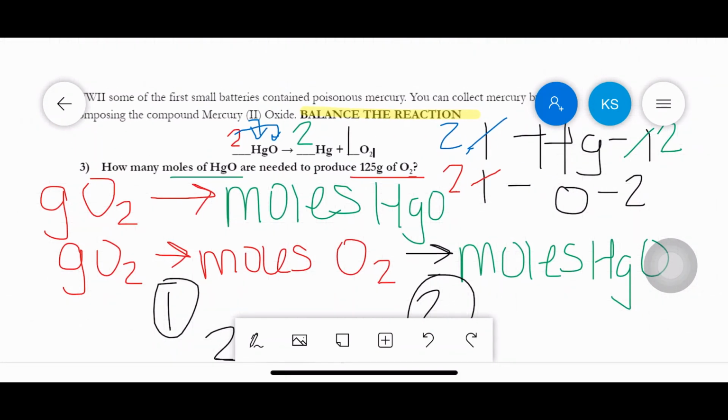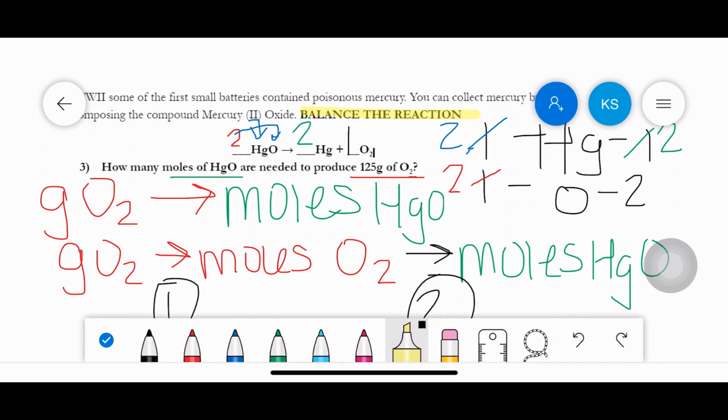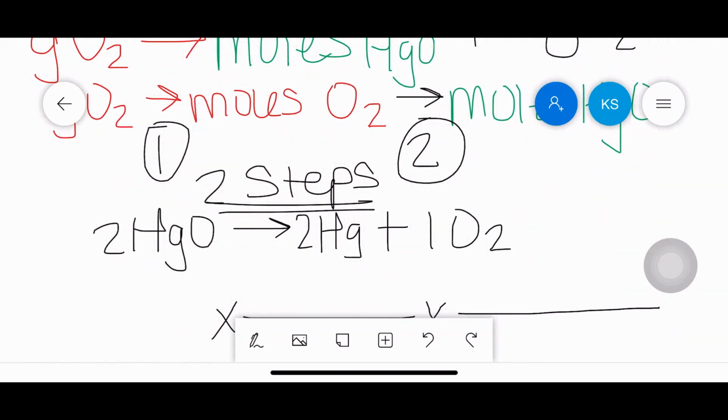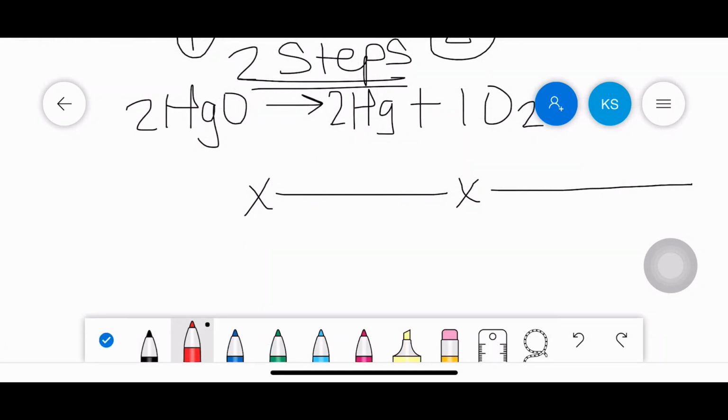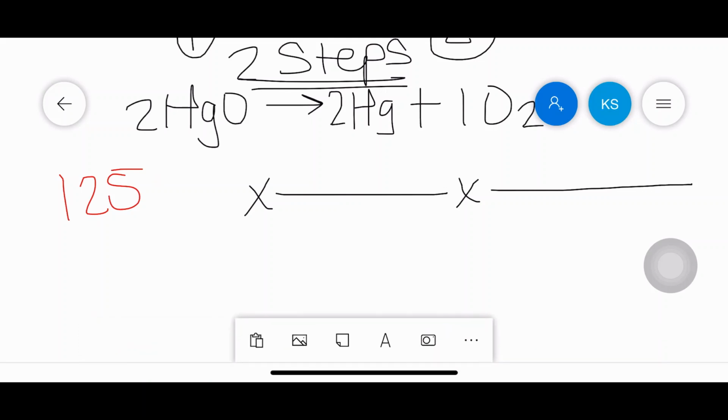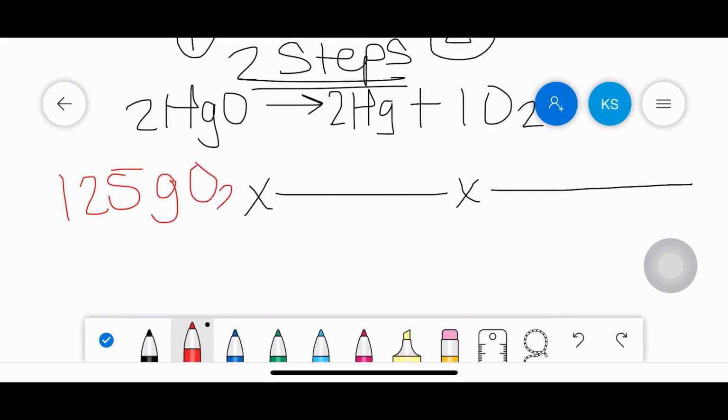So let's go through and just set up the bare bones to our 2-step problem. We know what we're starting with. We know the unit that we are trying to find, right? We are looking for moles of mercury 2 oxide from 125 grams of oxygen.